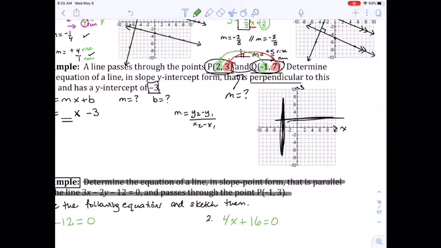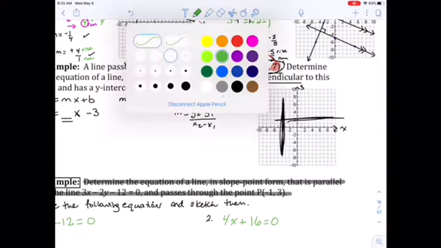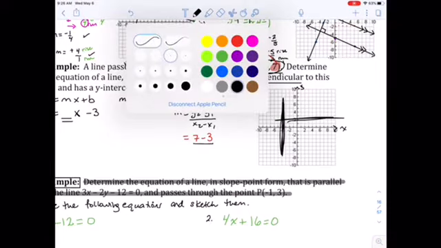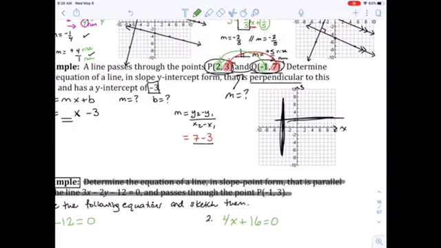We have to make sure that we're grabbing the correct coordinates, of course, and we all know that x and y are not the same. So that's 7 minus 3 over -1 minus 2.